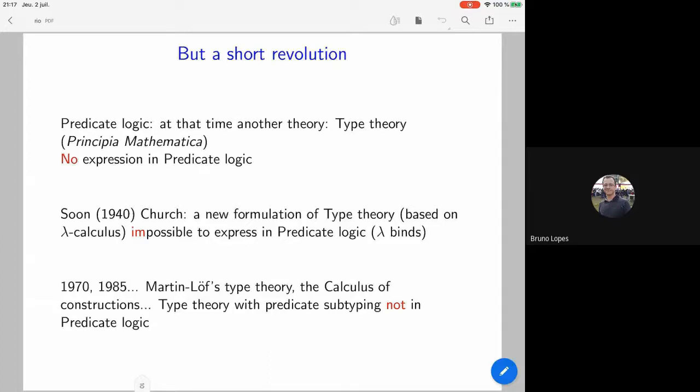And then in 1970, Martin-Löf proposed a new type theory, and then in 1985, Coquand and Huet proposed the calculus of constructions, and then Shankar proposed type theory with predicate subtyping. And all these theories were not presented as theories in predicate logic, but as theories that were independent of each other and independent of predicate logic.